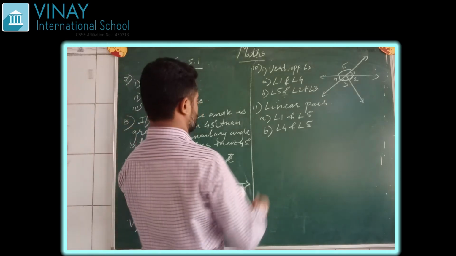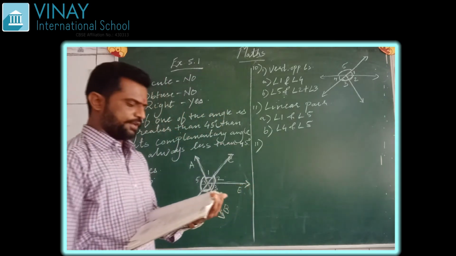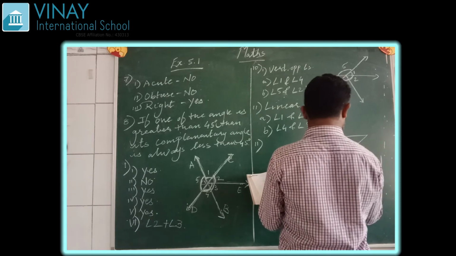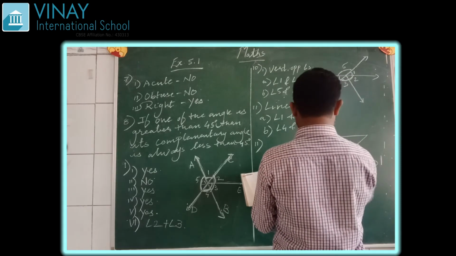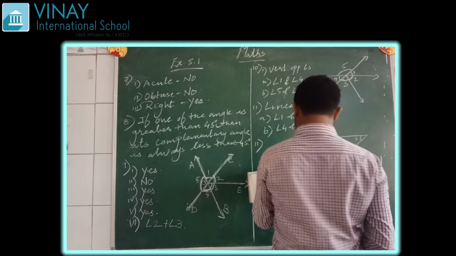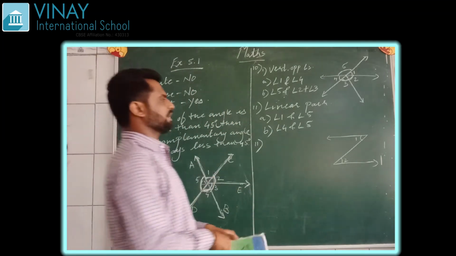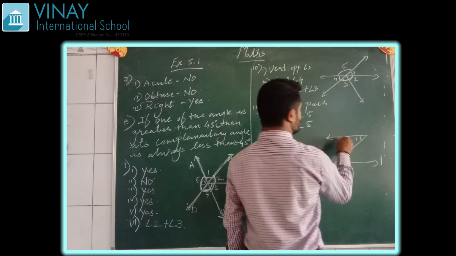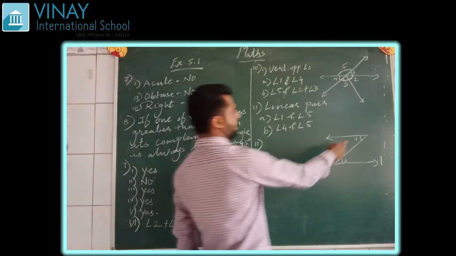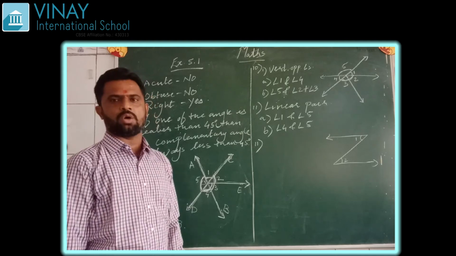Now, let us see question number 11. In question number 11 also, in the following figure, one figure is given. Is angle 1 adjacent to angle 2? Now we know that adjacent angles are the angles which have a common arm and common vertex. So here angle 1 and angle 2 have a common arm, but they do not have a common vertex.